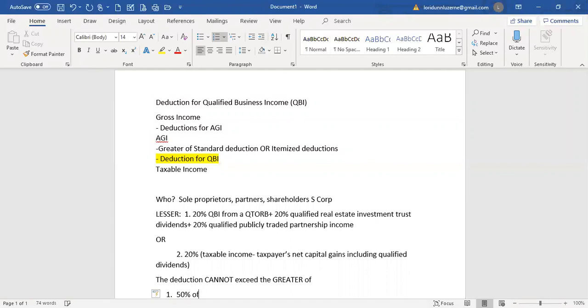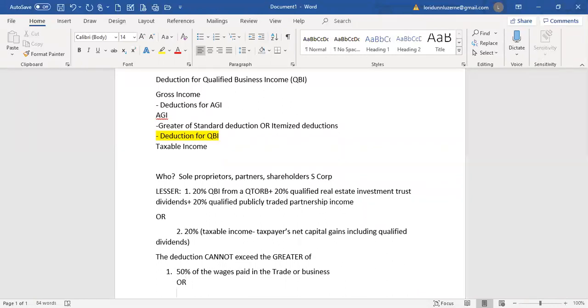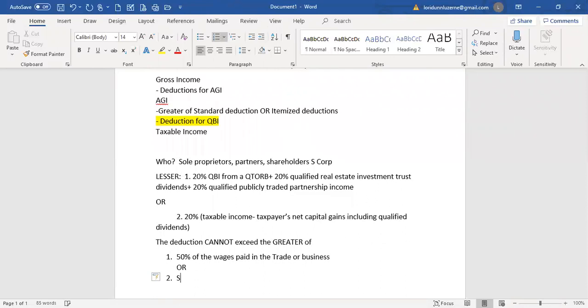One, 50% of the wages paid in the trade or business, or, and here it gets a little crazy, the sum of 25% of the wages with respect to the trade or business, plus 2.5% of the unadjusted basis of qualified property in the business.